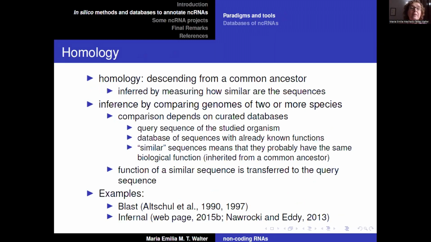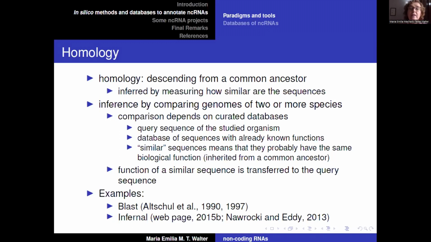The first paradigm is homology. Homology is a biological concept that means descending from a common ancestor. It can be inferred computationally by measuring how similar the sequences are, and this inference is done by comparing genomes of two or more species.